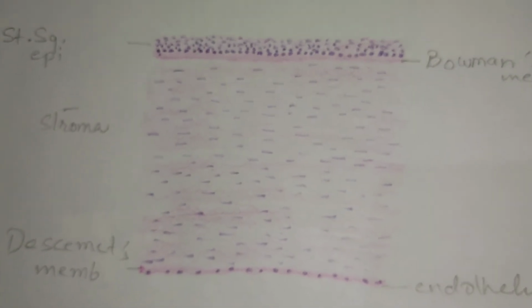So a very easy diagram, and you should be happy if the slide of cornea comes in the exam. Very easy to make, and its viva is also very easy.